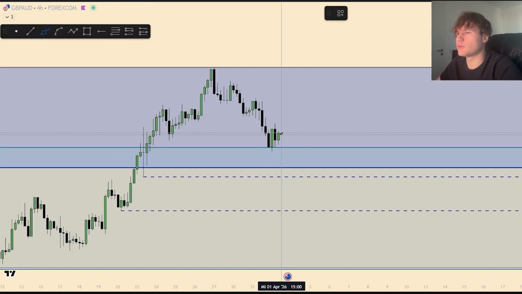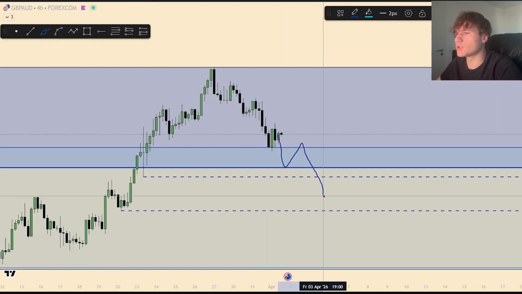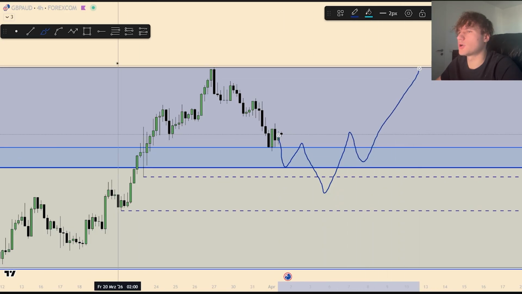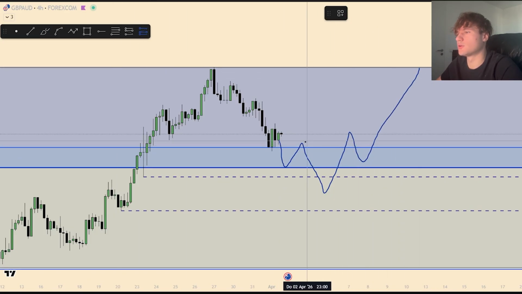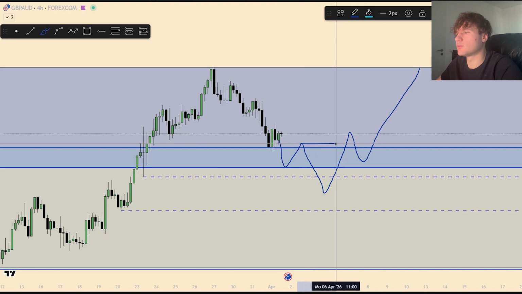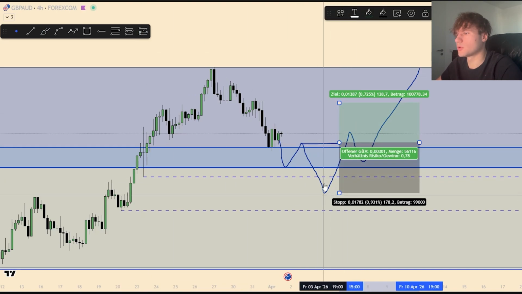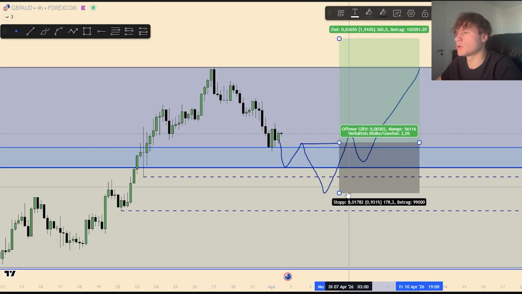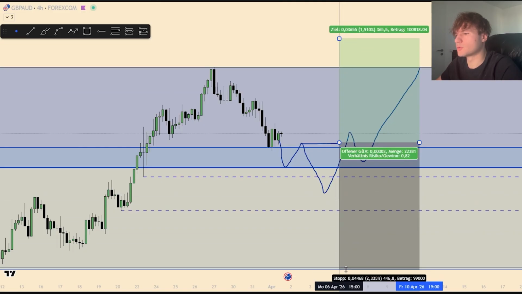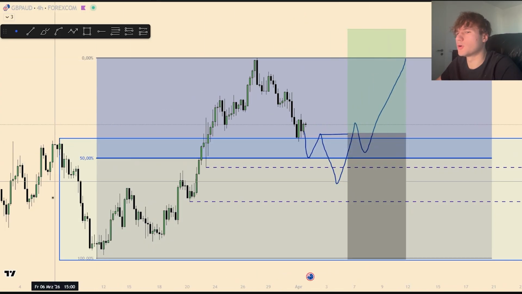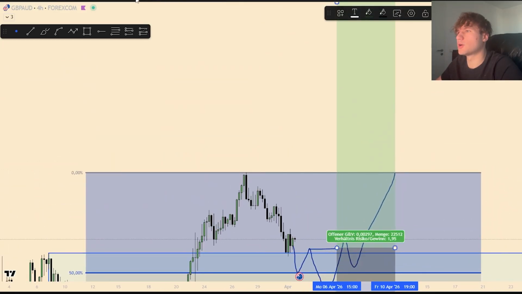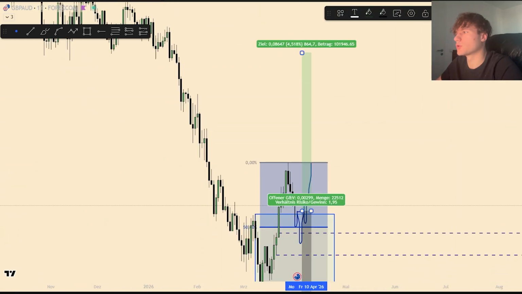Then I'm just gonna wait for this, and then the 4 hour change of character, and then we can enter on this break either below the lows of the change of character, or what I would do is below the whole structure and trade it up higher.